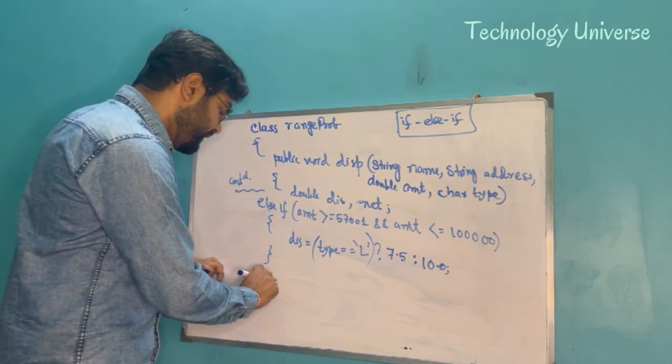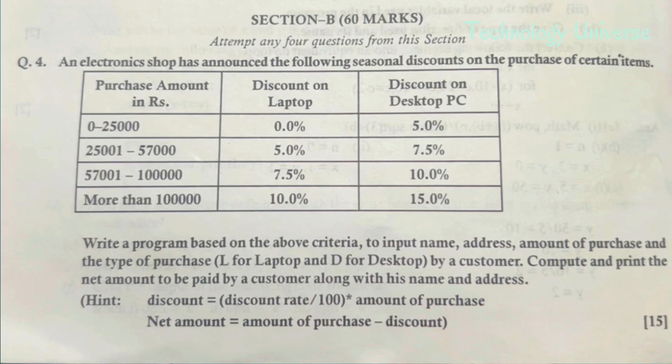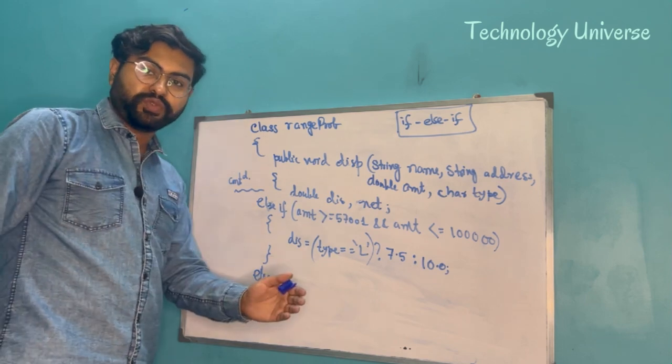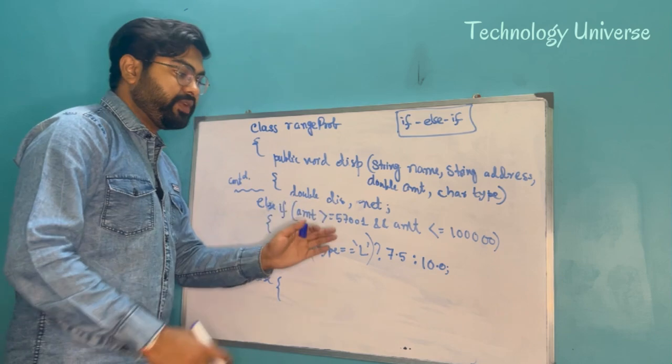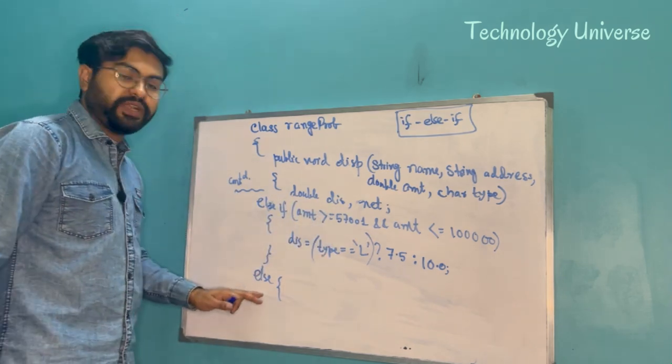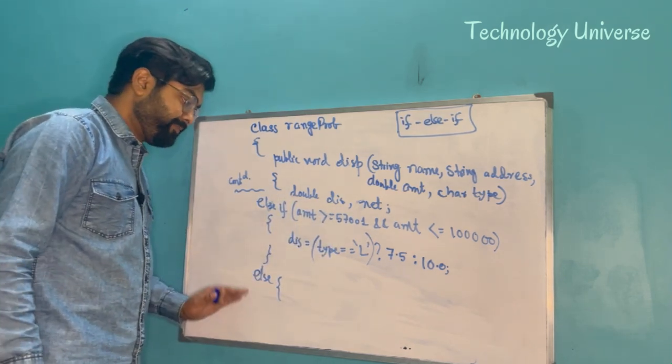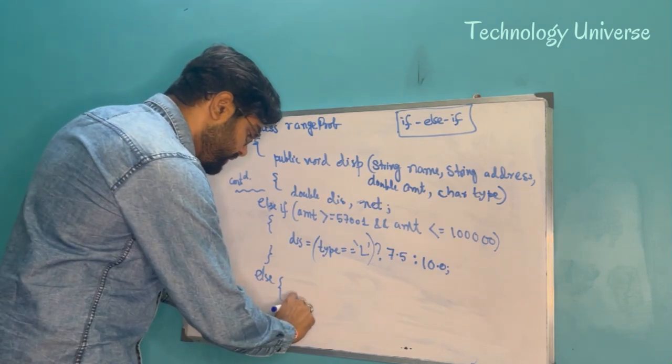Now the else part means if it's above 1 lakh. If it's not in the first range of 0 to 25,000, not in 25,000 to 57,000, and not in 57,000 to 1 lakh, then if it's beyond that, it will fall under the else condition. If it's beyond that, what is the percentage?